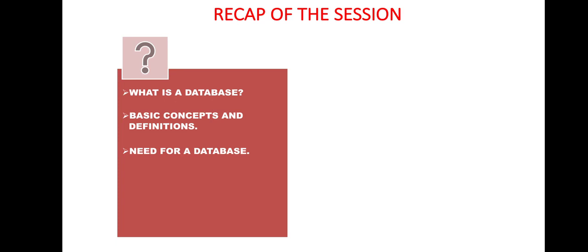In this, the three concepts are very important from the examination point of view as well. The data redundancy, R is repetition, data inconsistency, and lack of data integration, the third point.